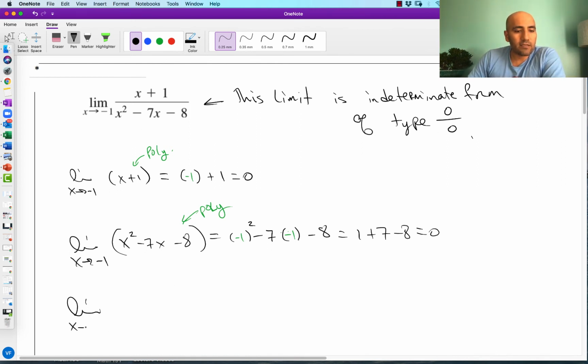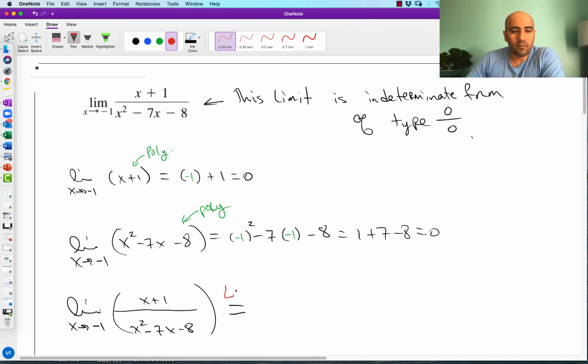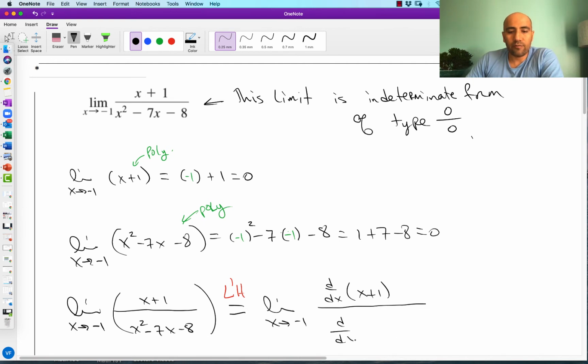The limit as x approaches -1 of x plus 1 over x squared minus 7x minus 8, by L'Hopital's rule, is going to be equivalent to the limit as x approaches -1 of the derivative with respect to x of the numerator, and then separately the derivative with respect to x of the denominator, x squared minus 7x minus 8.